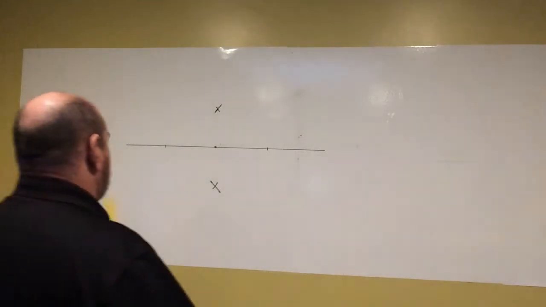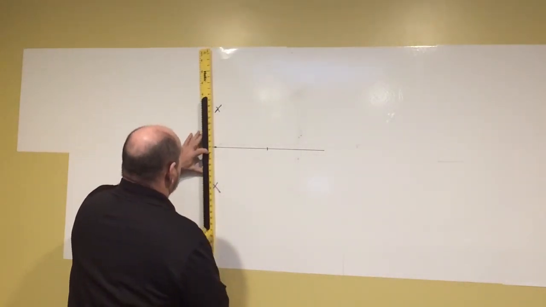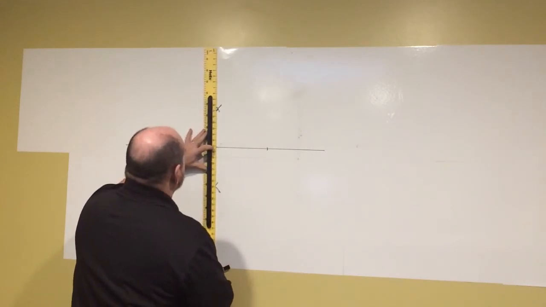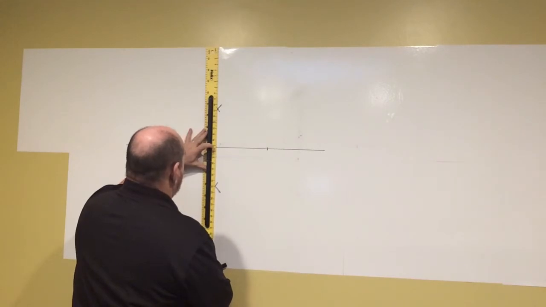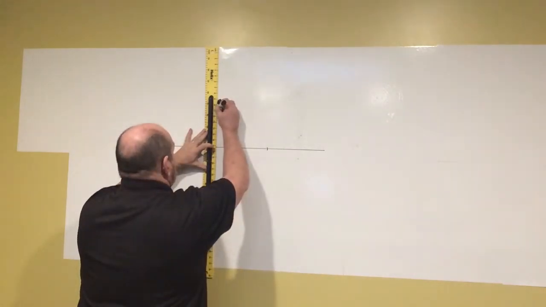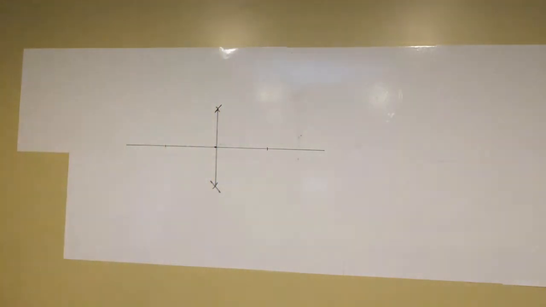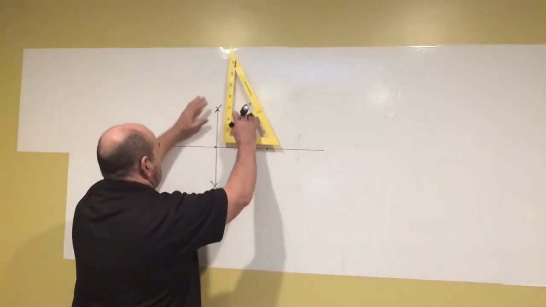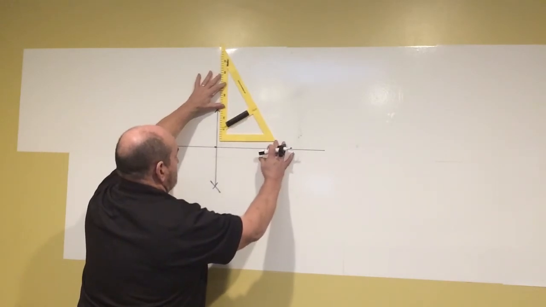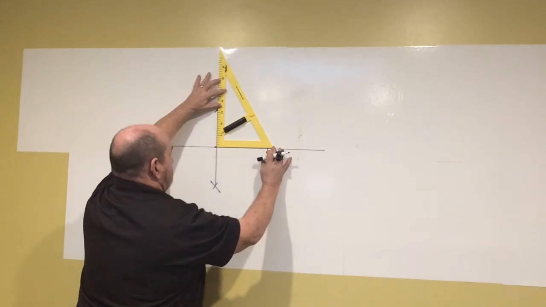If I did this correctly, the line segment should be at a perfect right angle to the original line, so without using a square, I should still arrive at a square. The way I can check that is I have a handy little square here. I should be able to just slide this in here and it should be a perfect square. As you can see, it works perfectly.